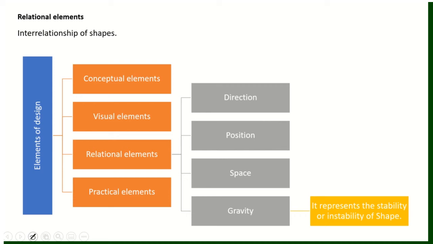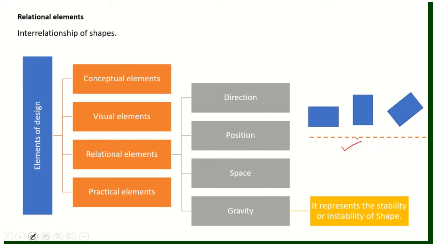Here I'm just giving one example. Let us say this is the reference frame, or you can say this is the floor. With respect to this floor, if you place the object as it is, it comes down, then you can say this object is stable.